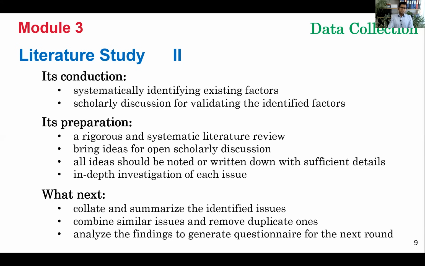Thus, the researchers proceed further towards formulating the questionnaire for the initial Delphi round. However, the questionnaire should be open to accepting inputs from the participants for additional issues, thus performing brainstorming here.